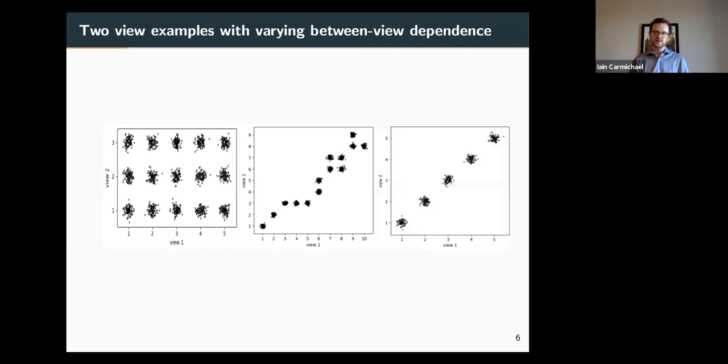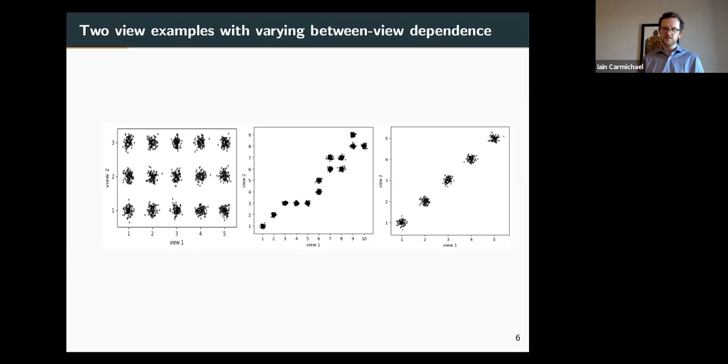And just to go all the way to the other extreme, here's an example with the most dependence you can have between the two views, where if you look in the first view, there's 5 clusters. If you look in the second view, there's also 5 clusters. And cluster 1 in the first view is exactly the same as cluster 1 in the second view.